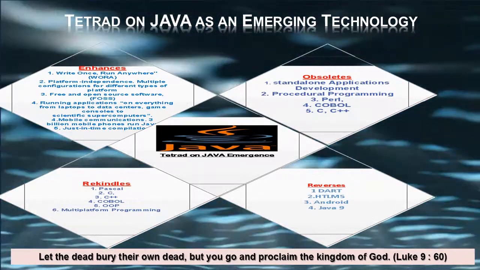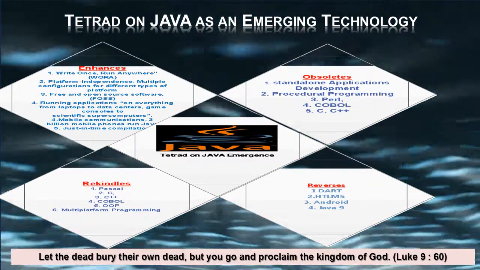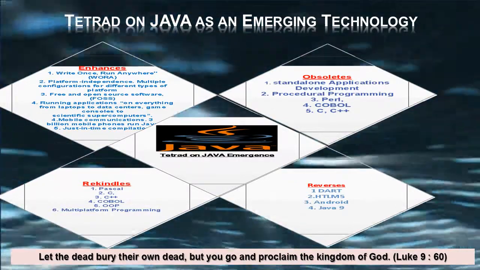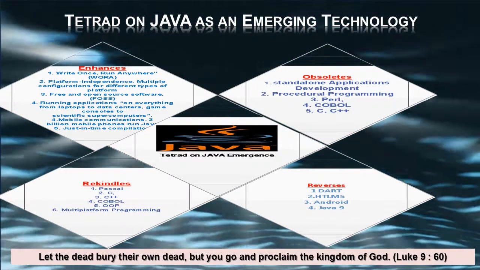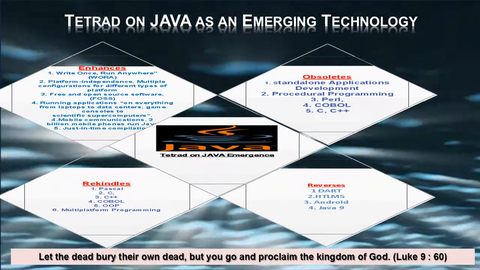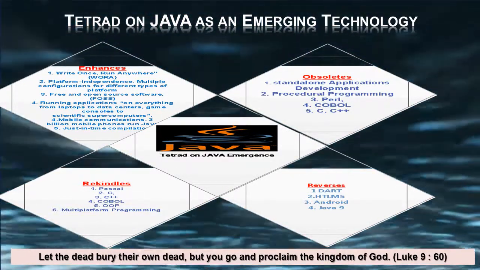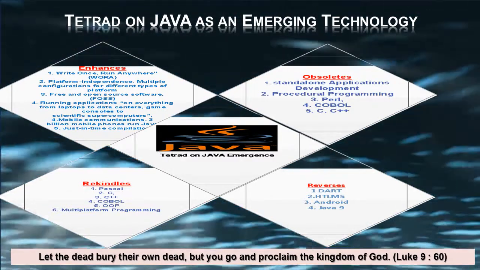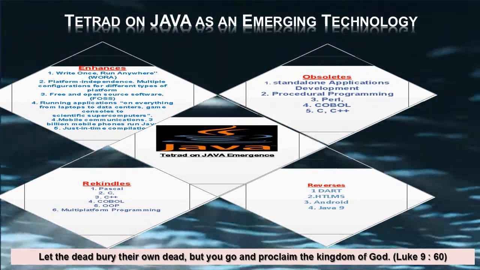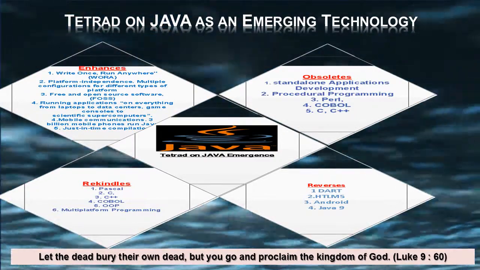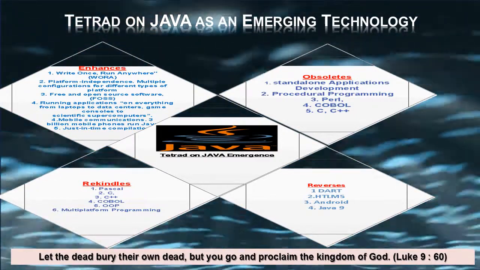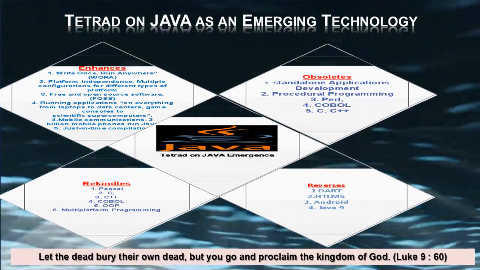In other words, when a developer writes a program, it should be able to run everywhere on any platform. So this is the first thing that quadrant 1 on Java recommends.